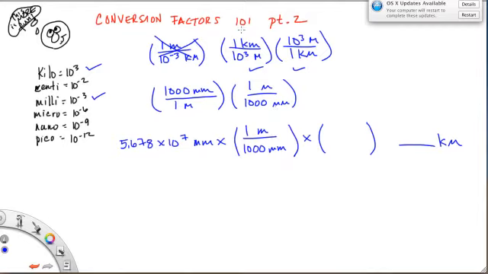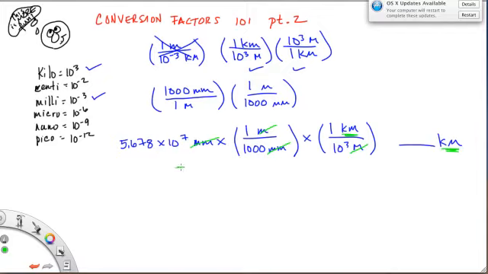Here's the conversion factor I need. I want kilometers, so kilometers goes in my numerator, and there's 10 to the 3rd meters in a kilometer. So I've set up my problem, and I can see how my units cancel out. Meters and meters cancel out, millimeters and millimeters cancel out. I'm left with kilometers. That's what I want in my answer.